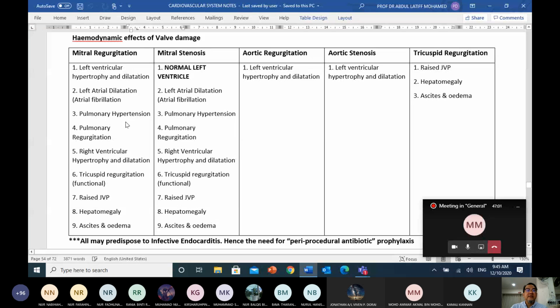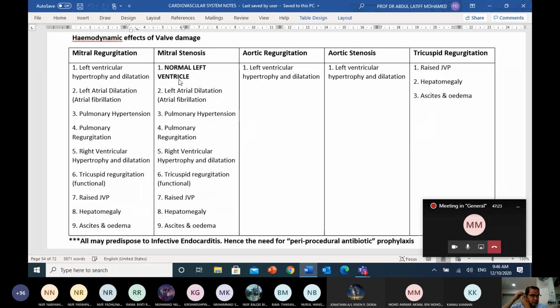Patients who have mitral stenosis can have all that, but remember their left ventricle is normal. You must remember this, and this is the main difference between mitral stenosis and regurgitation.